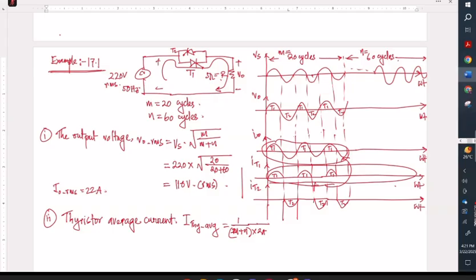Now, this is one cycle. So it should be what? 0 to pi. Then it should be Im sine omega t multiplied by d of omega t. And how many times it will happen?